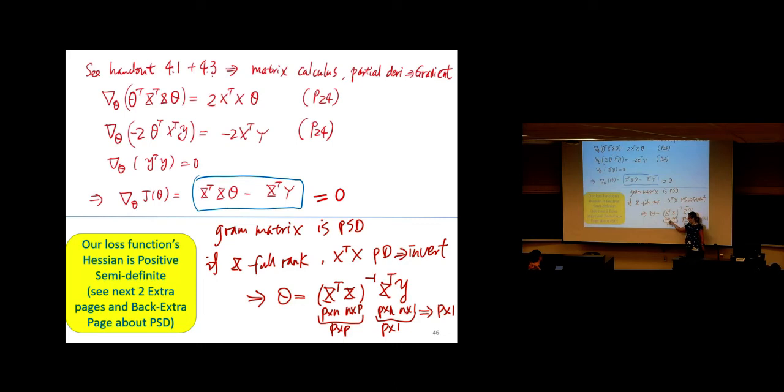If N is smaller than P, it's guaranteed this matrix's rank is smaller than P. And for a P times P matrix, if its rank is smaller than P, no way it can be inverted. So this is the simplest trick you know.